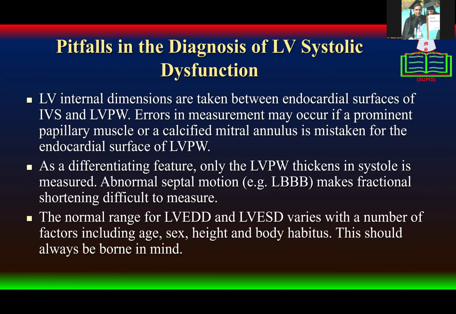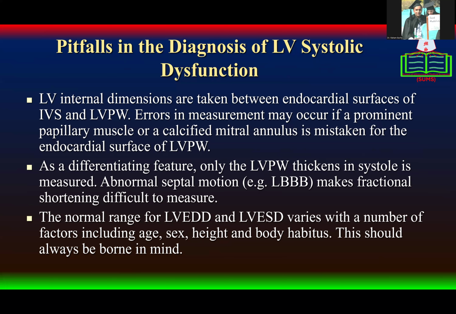So some of the pitfalls are there in the left ventricular systolic dysfunction. Left ventricular internal dimensions are taken between the endocardial surface of the interventricular septum to the left ventricular posterior wall. An error in measurement may occur if a prominent papillary muscle or calcified mitral annulus is mistaken for the endocardial surface.